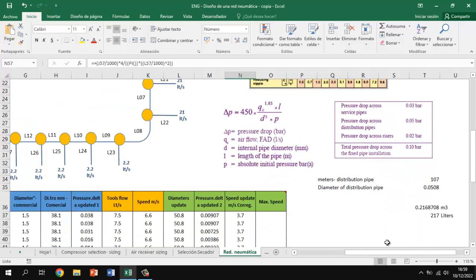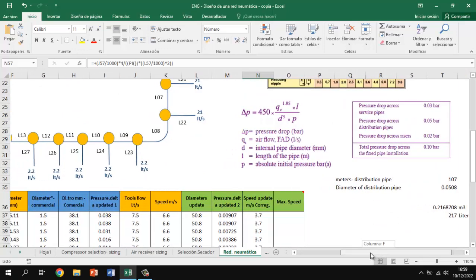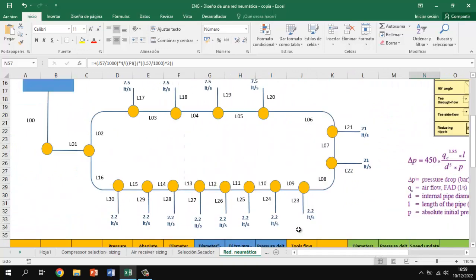Something that you should know, with the same idea: if you have a very big distribution pipe system, I don't know if that word is correct, with a good length, this distribution pipe can be considered part of your air receiver.